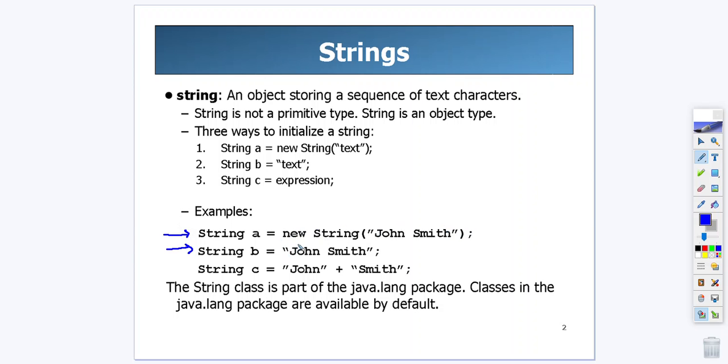Now, strings are special because they are objects, which means that we could use the new operator to create a string object, but they are so predominantly used that there is a shorter way, which is more aligned with the way that the primitive data type works. And so both of these are acceptable, and then you can also use operators to combine strings. Okay?